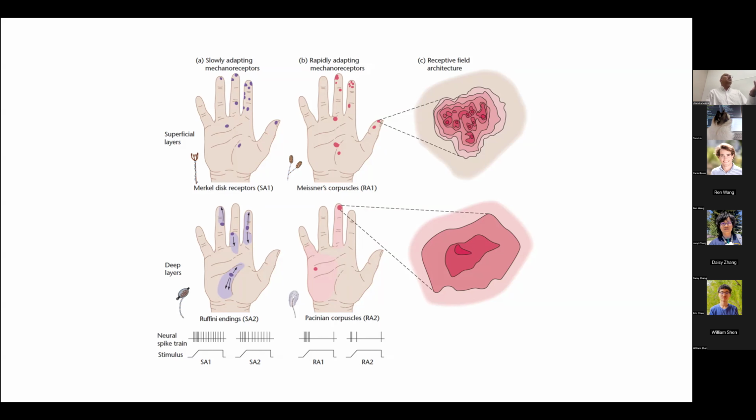So that's one dimension, spatial resolution. These top two have high spatial resolution, which means they'll be useful for fine spatial discrimination. The bottom two will be less useful for fine spatial discrimination.